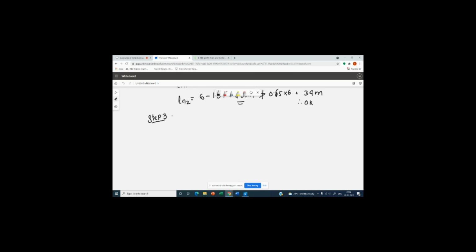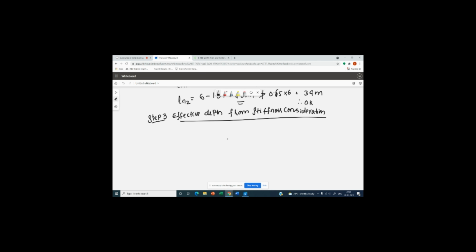Now in step 3, we will find the effective depth from stiffness consideration. As per my last video, first we have to fix the depth and the thickness of the slab based on stiffness consideration.